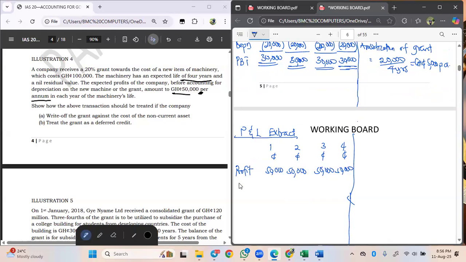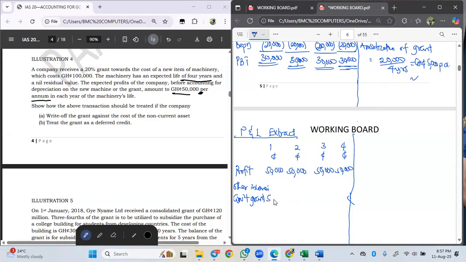Before depreciation, other income will come in here because we are using the deferred method. So here, government grant. Every year, how much are you going to recognize in the P&L? Amortization of grant here, 5,000 per annum. The whole grant is 20,000, you transfer it over a total of 4 years, so 5,000 per annum.